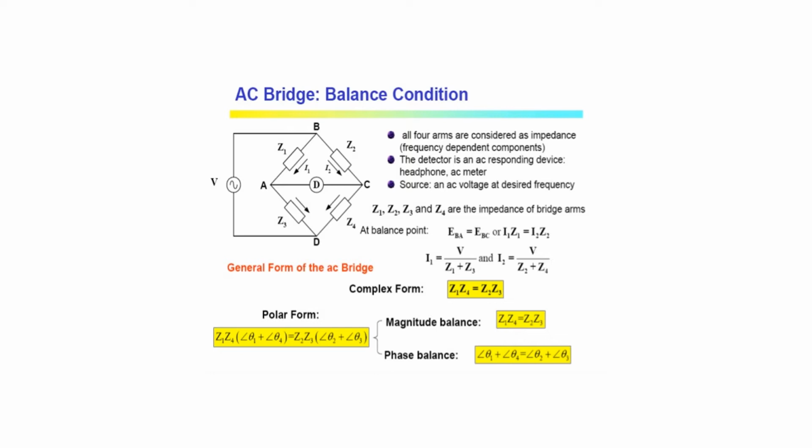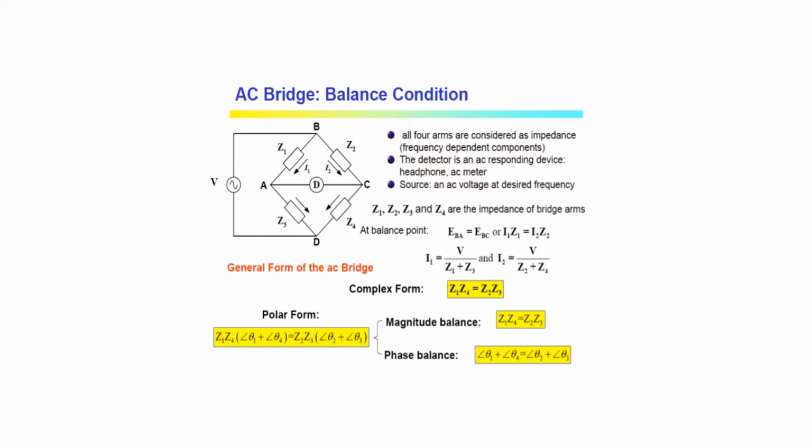So the complex form bridge balance condition can be given as Z1 Z4 equals Z2 Z3, that is the balance of the magnitude of the impedances, and the phase balance is given as the phase angle of arm 1 plus phase angle of arm 4 is equal to phase angle of arm 2 plus phase angle of arm 3.